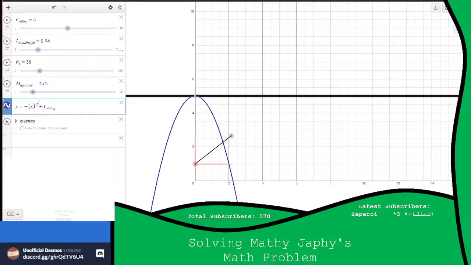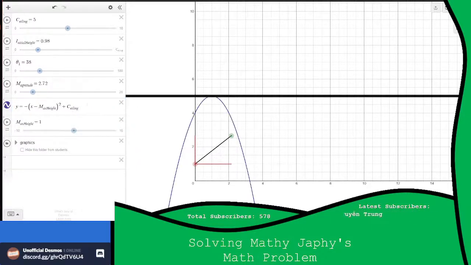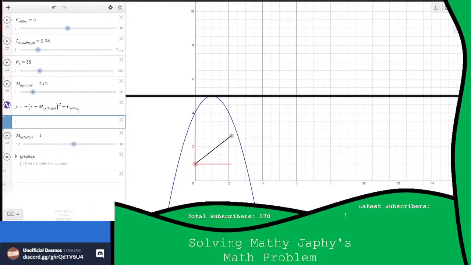Let's call this minus max. And let's create the point max height.